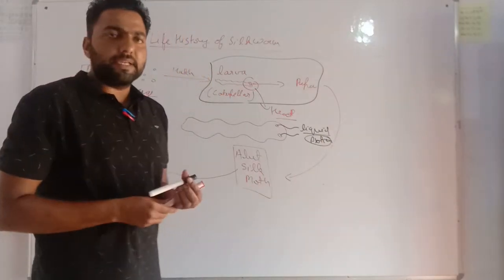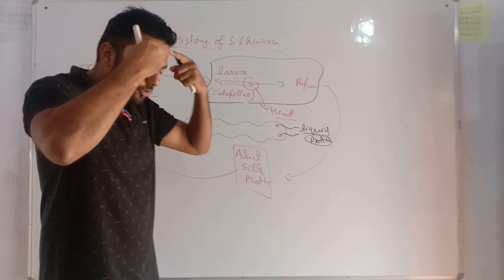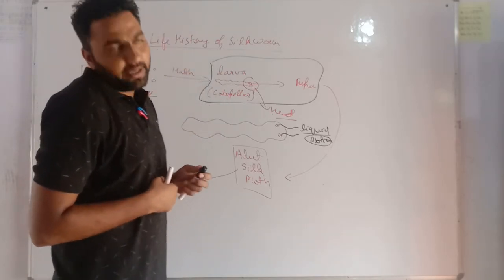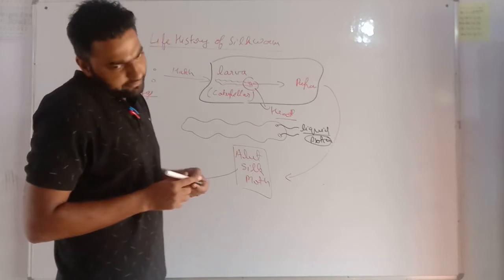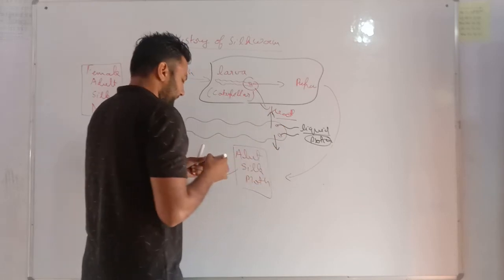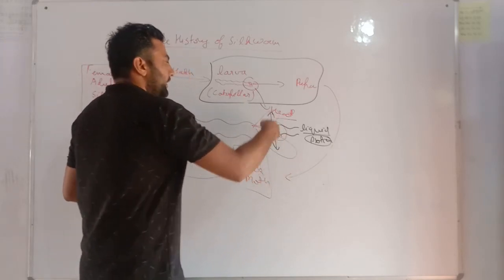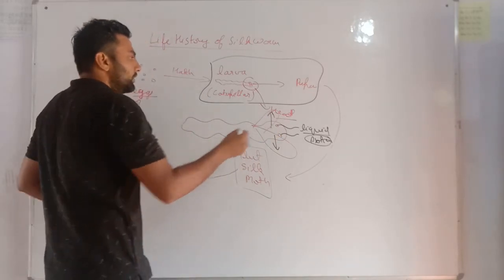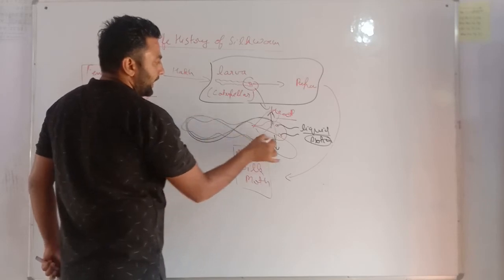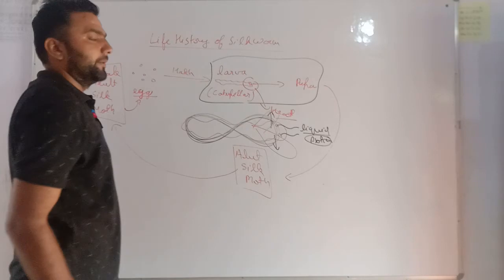Now what happens is that when it gives out that liquid from the two glands, it starts rotating its head like an 8. It keeps moving its head, and the liquid covers its body thoroughly.